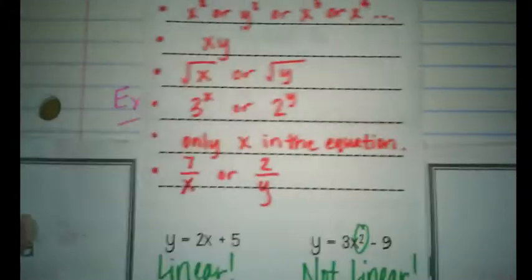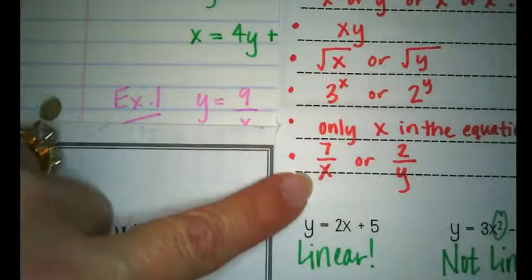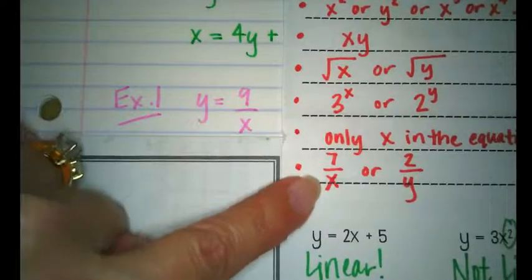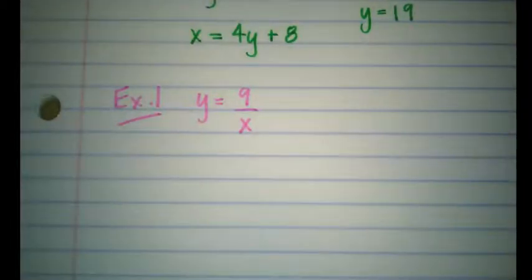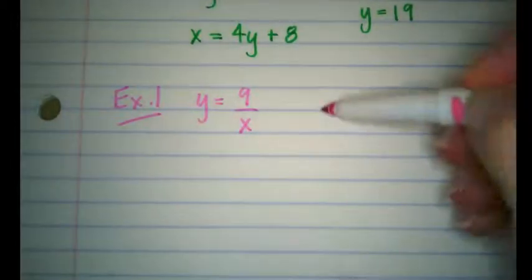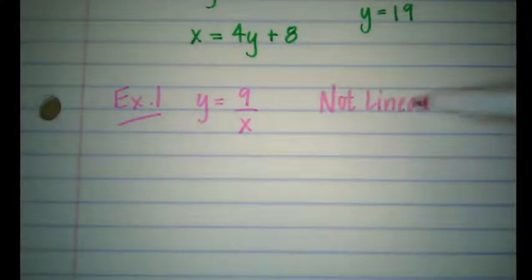If we have the equation 9 over x, that looks similar to this. This is one of the items that will not be in a linear function. So this one is not linear. Now, it can still be a function, it's just not a linear function.